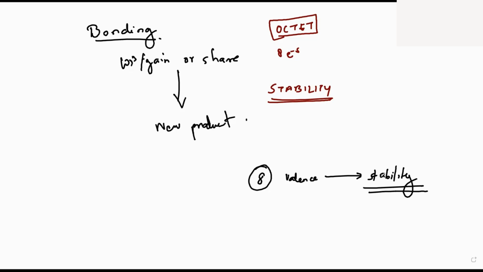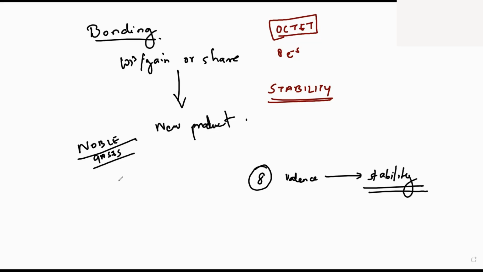If you get 8 electrons in the valence shell, you will become very stable. What is the evidence we have? Okay, noble gases, the last group of elements, because they're unreactive.